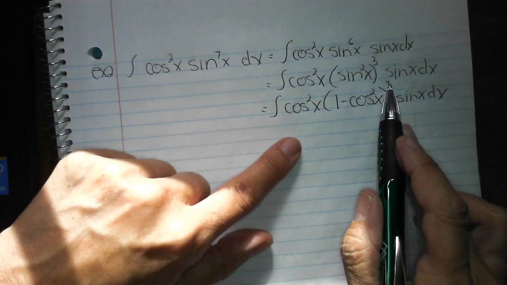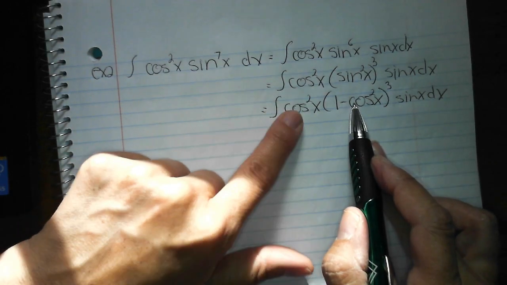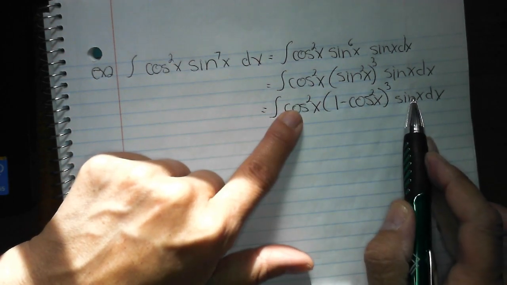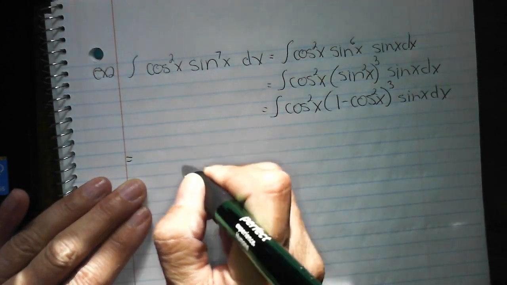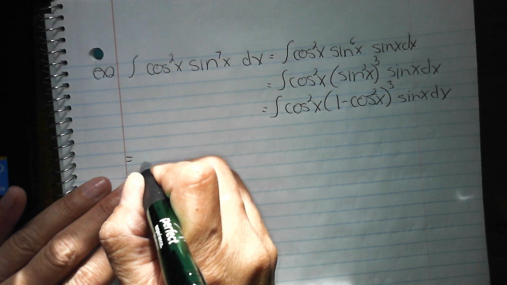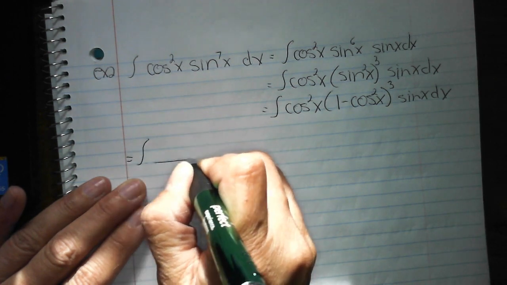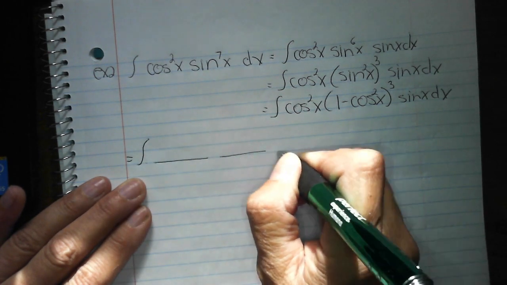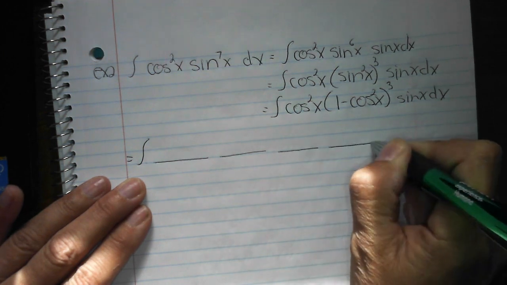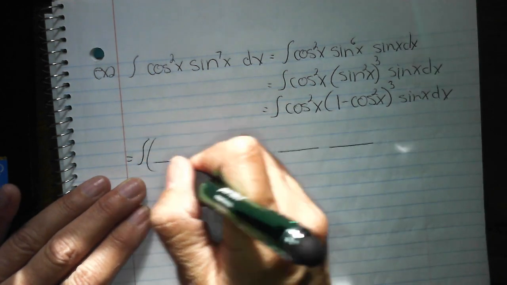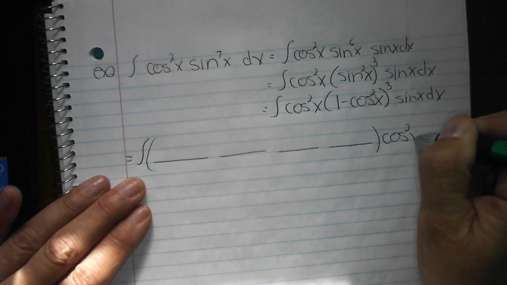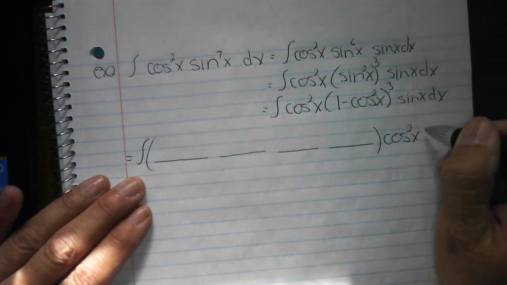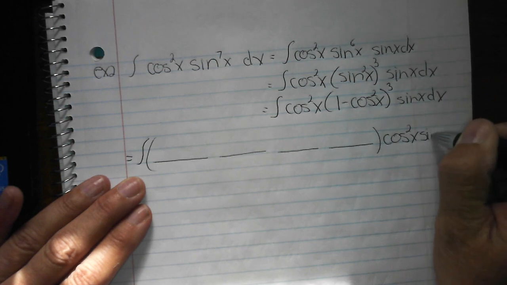So now this has to get expanded. This and this are both going to get distributed after that to the 4 terms. So coming over here, I'm going to have an integral with 4 terms. I'm going to move this cosine squared to the end, only because I forgot it. And then I still have my sine.